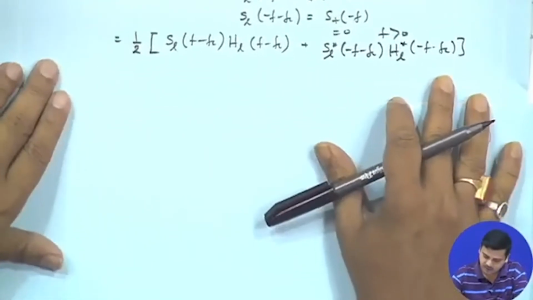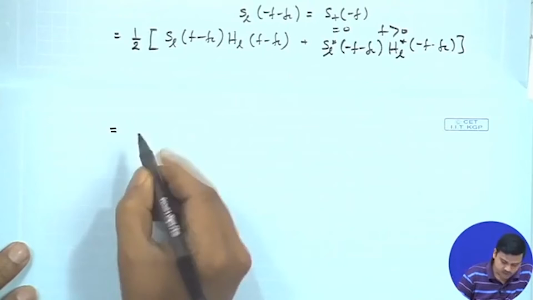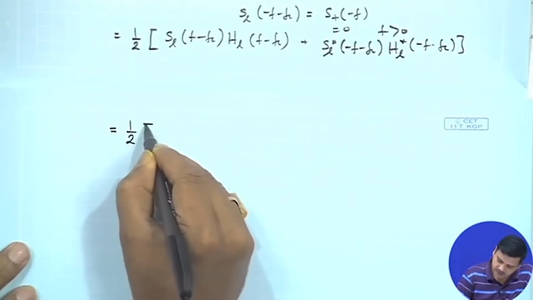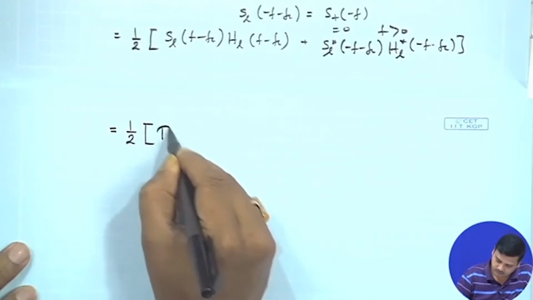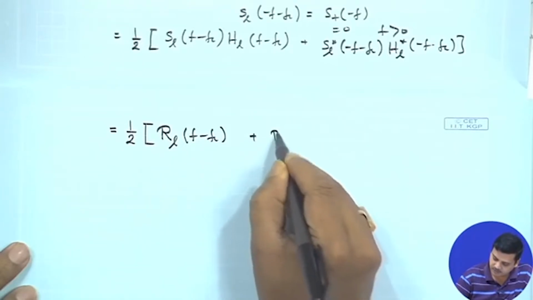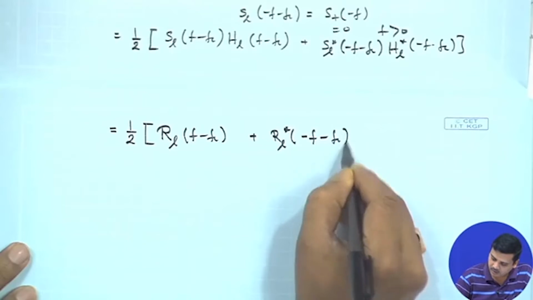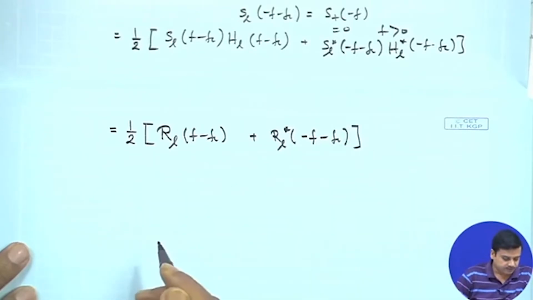Now, if we look at these relationships, we could write this potentially as half R_L(f minus f_c) plus R_L conjugate(minus f minus f_c), right.